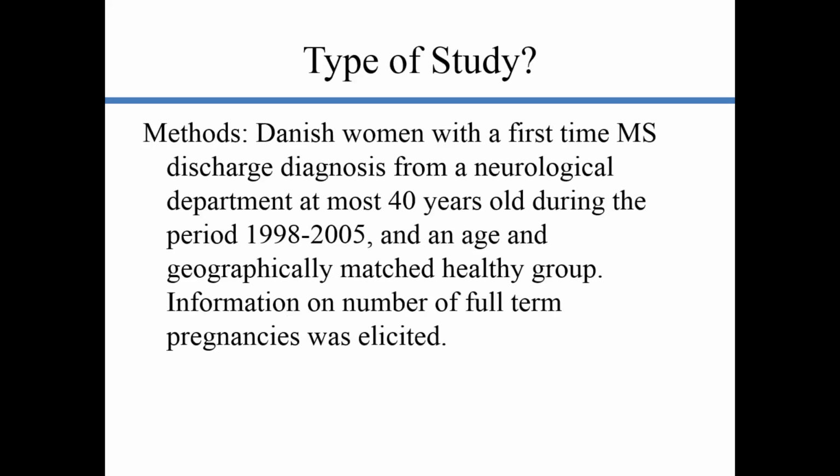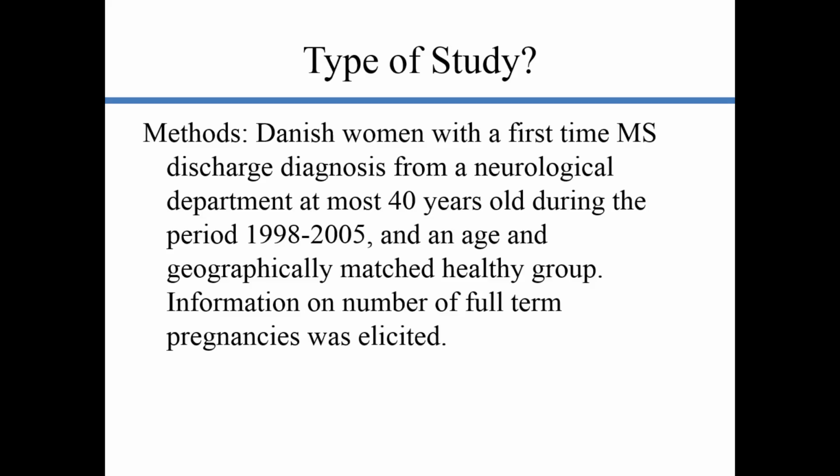So what type of study is this? It's another quiz. Sorry about my cough. Danish women with a first-time multiple sclerosis discharge diagnosis from a neurological department, at most 40 years old. In other words, they're 40 years or younger, during the period 98 to 2005, and an age and geographically matched healthy control group.